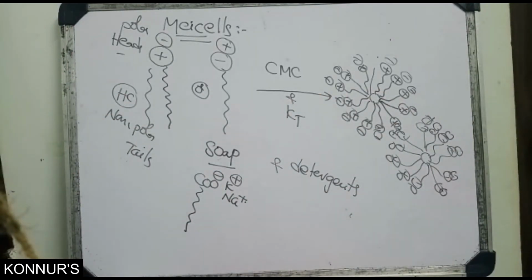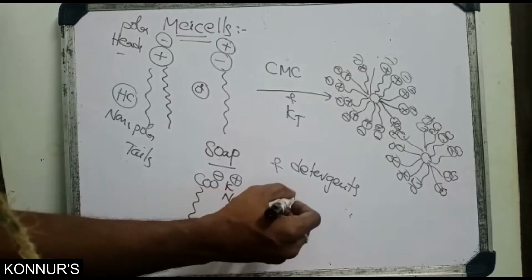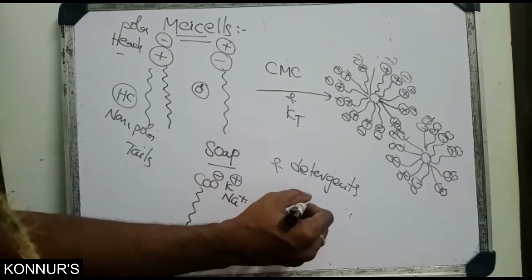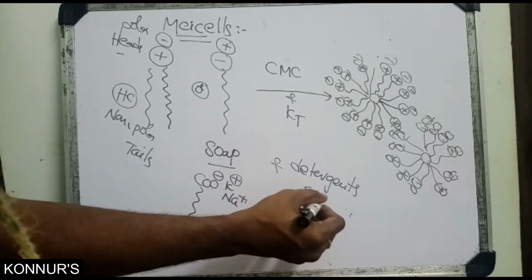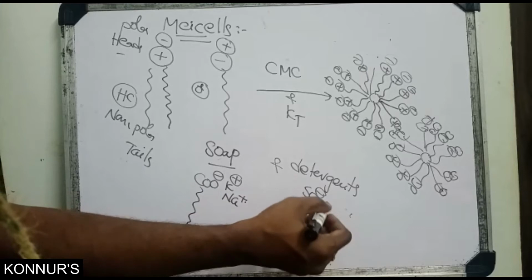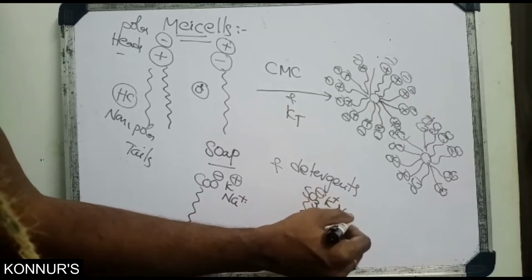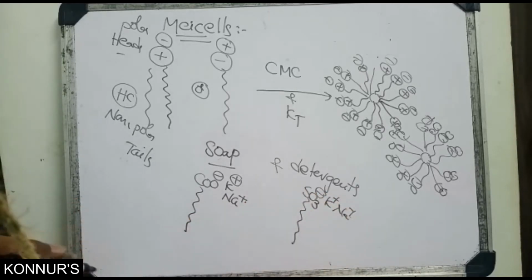Next, what do detergents mean? You can take SO3 minus covered with K plus or Na plus, so sulfates.